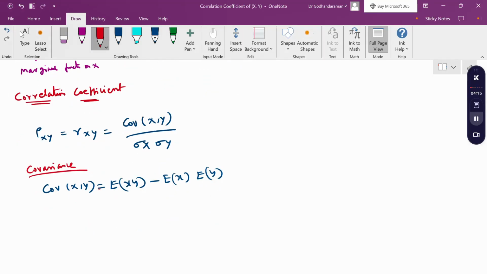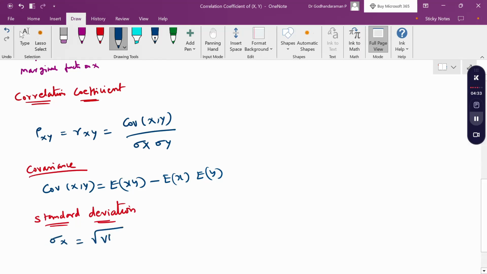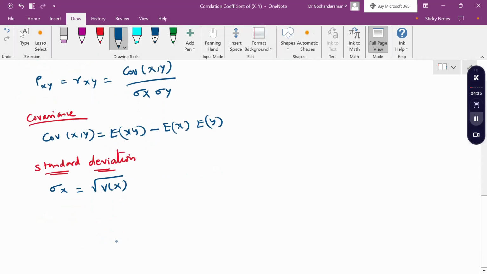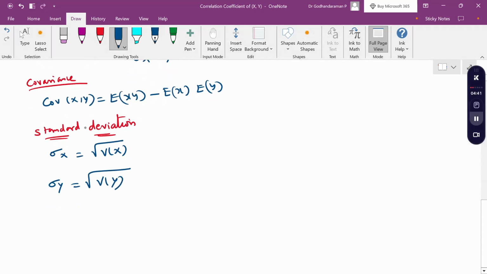And then the standard deviation. Standard deviation is sigma X, the square root of variance of X, and sigma Y, the square root of variance of Y. Now what is the variance?